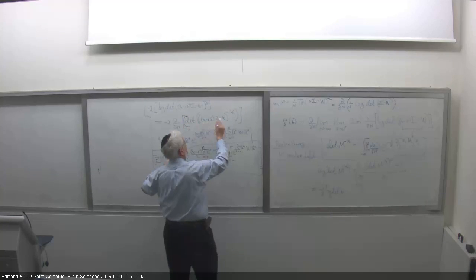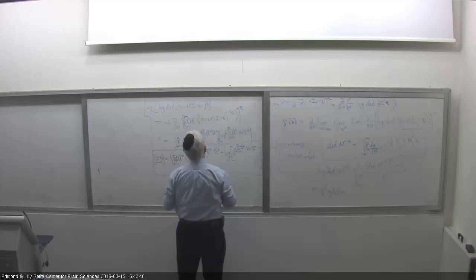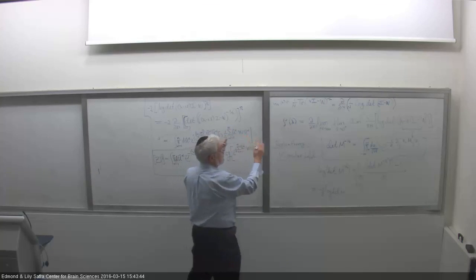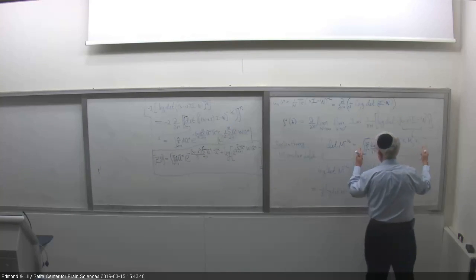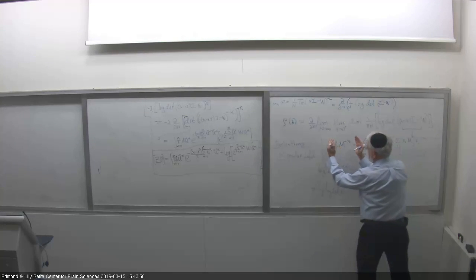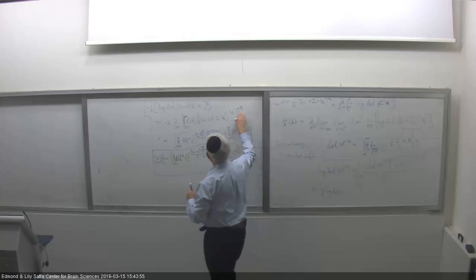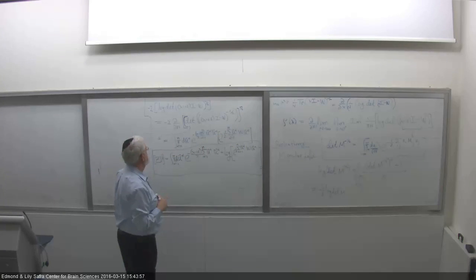The determinant minus 1/2 is this one, and I'm replicating it n times. So I take this quantity to the power n. Right, thank you.